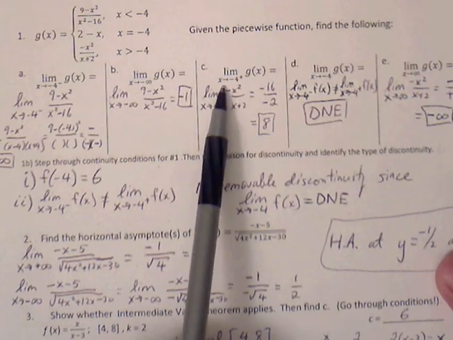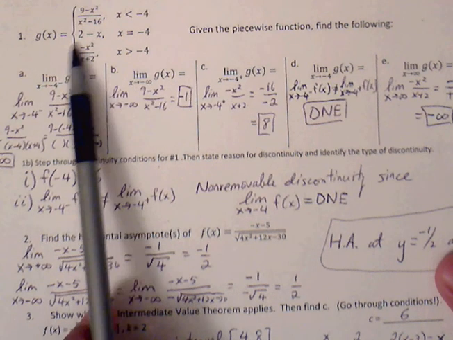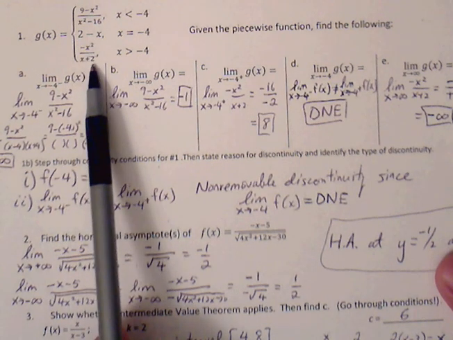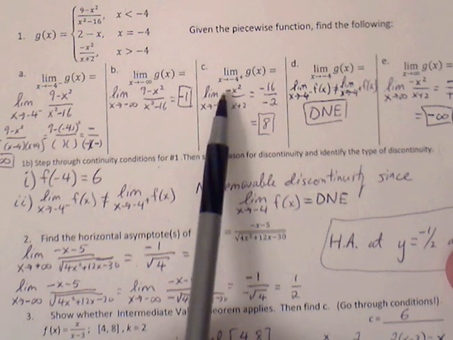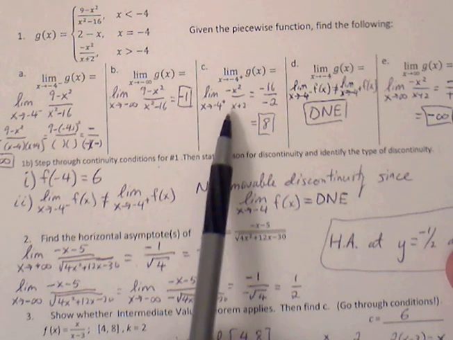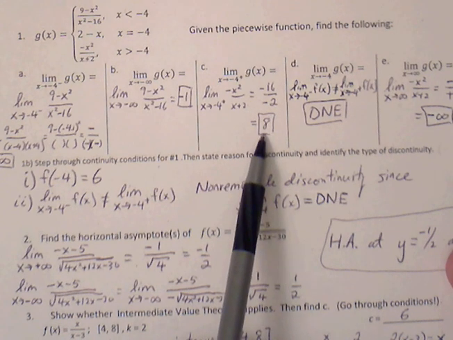Part C, limit as x approaches -4 from the right side of -4. So this is referring to this portion of the graph. If we plug -4 in, we get -4 squared over -4 plus 2. So -16 over -2, which is +8.